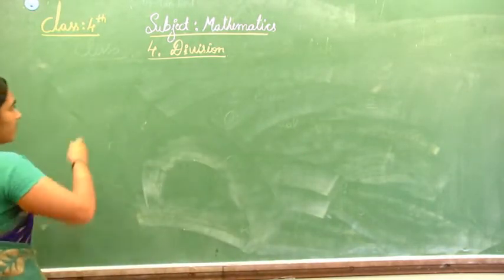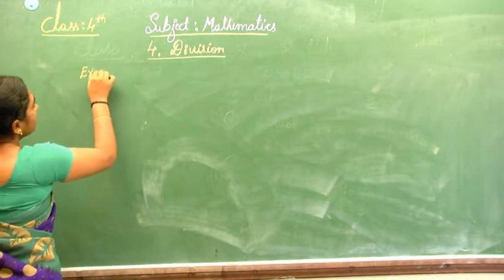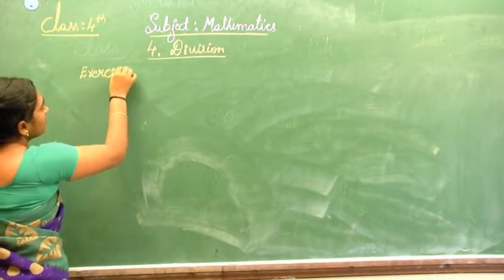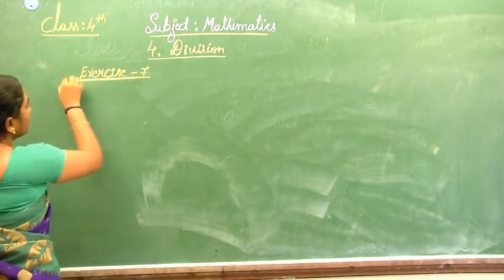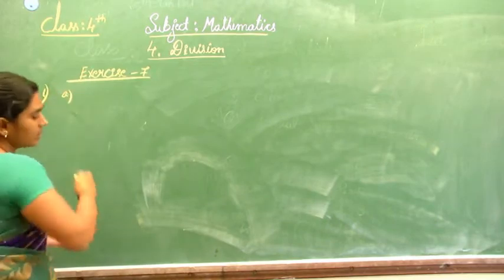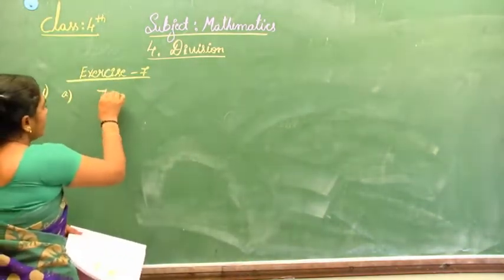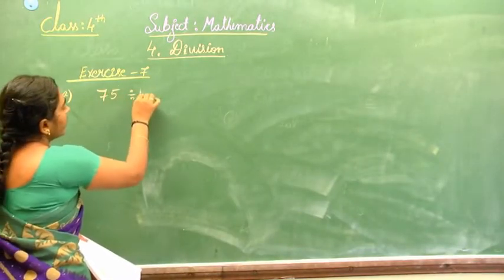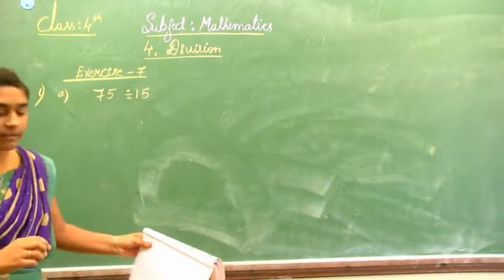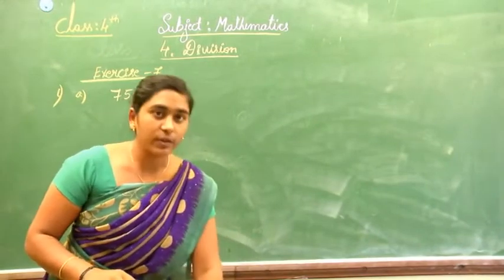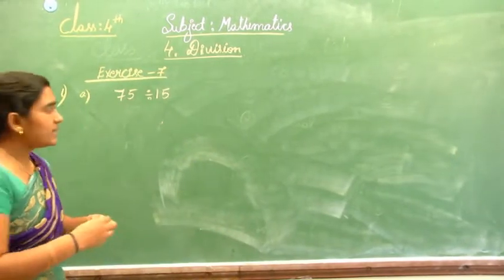Next, exercise 7. First question, 75 divided by 15. What is the first step? We have to calculate the estimated quotient.